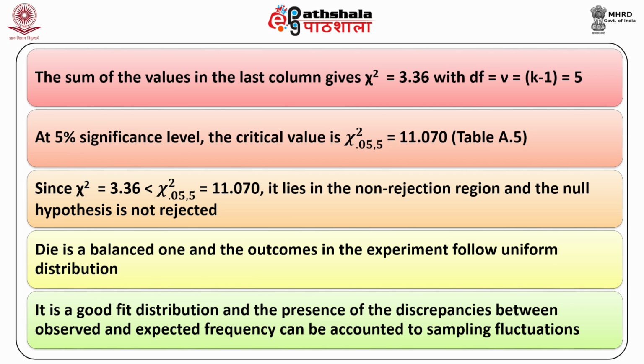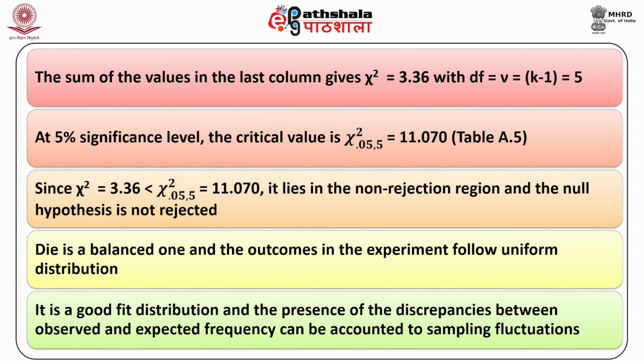So at alpha equal to 5%, the critical value is chi-square at 0.05 with 5 degrees of freedom, and it comes out to be equal to 11.070 from our table, which is also given in the appendix A5. And once you find out how to look at these critical values, I am sure our next step becomes relatively easy.